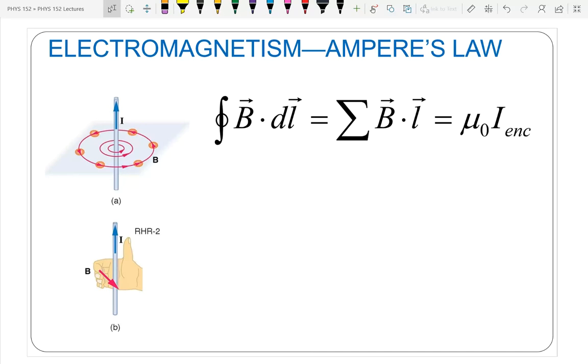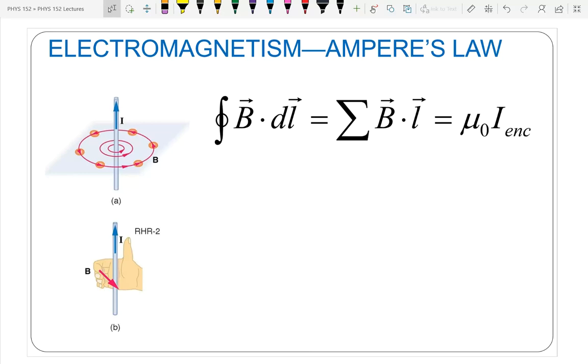So if I want to know what direction the magnetic field is in the direction of Abigail from this wire, I'll orient my hand so my fingertips are between the wire and Abigail, and the tips of my fingers are pointing this way, so the magnetic field's going that direction. If I want to know at Amanda's location, then I put the tips of my fingers between the wire and Amanda, and it's going this direction.